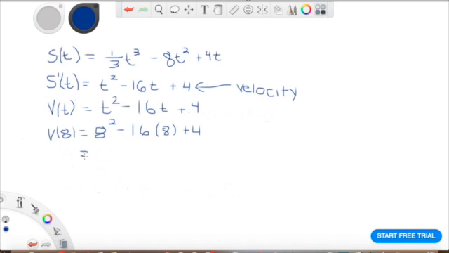So that is 64, because 8 to the power of 2 is 64, minus 16 times 8 is 128, and since it's negative, so it's minus 128, and then plus 4. So that all equals negative 60.